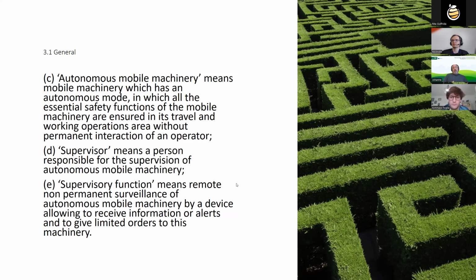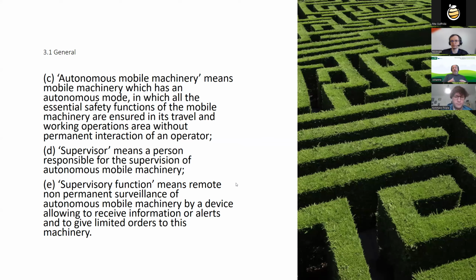So it's not necessary that the person is in place all the time controlling the machinery. It guarantees its safety by itself, but still you have a requirement in the machinery regulation that you shall have some kind of supervisor, but this person doesn't need to be in place all the time.